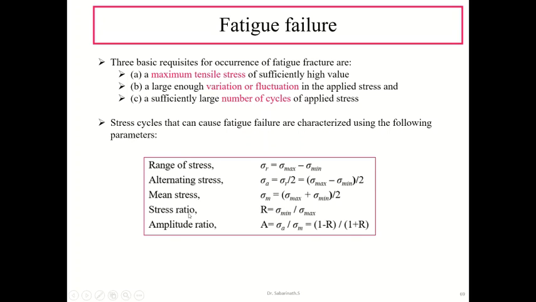The mean stress sigma m is (sigma max plus sigma minimum) by 2, and the stress ratio R is sigma minimum by sigma max. The amplitude ratio A is sigma a by sigma m, where sigma a is the alternating stress, and which equals (1 minus R) by (1 plus R).